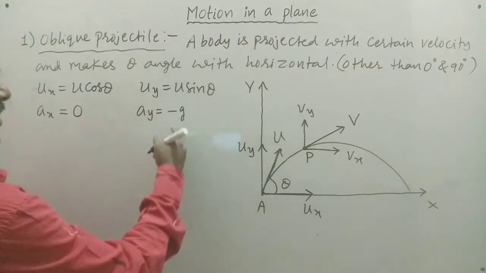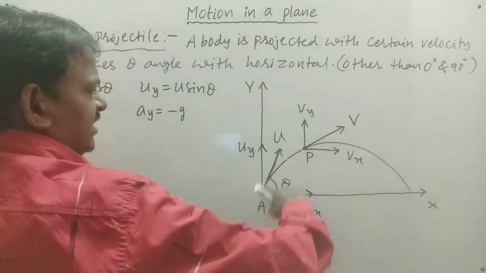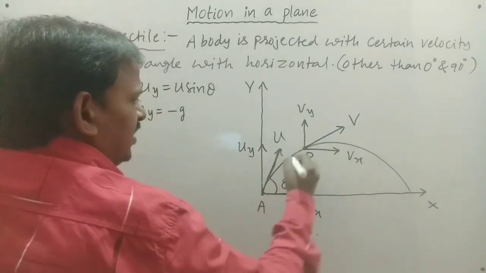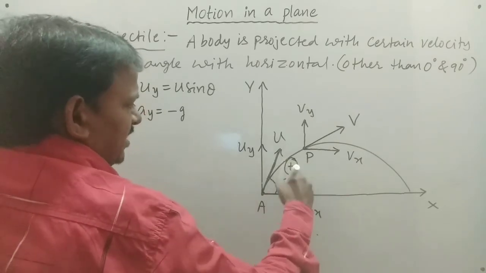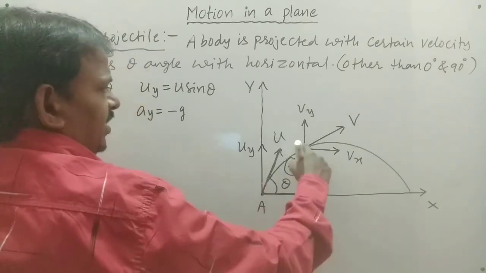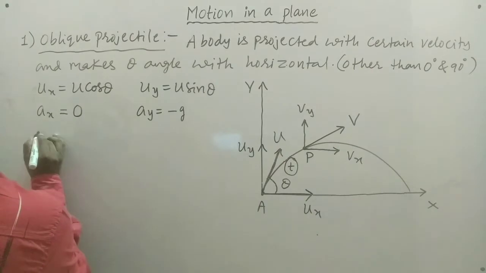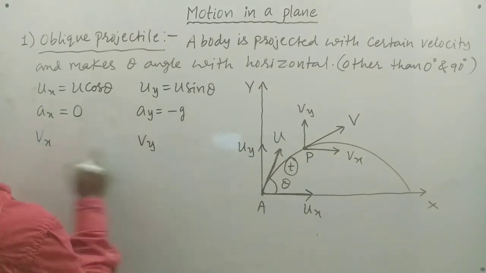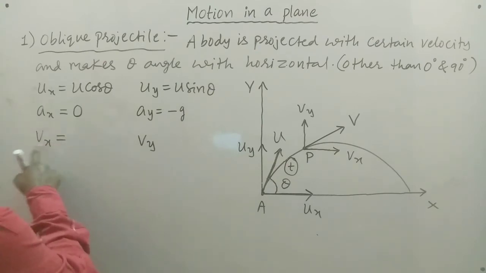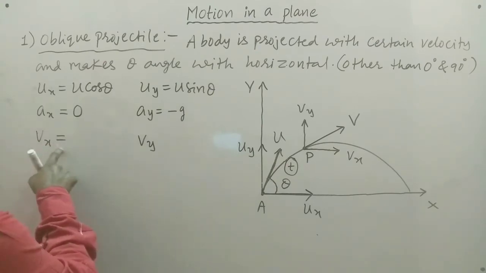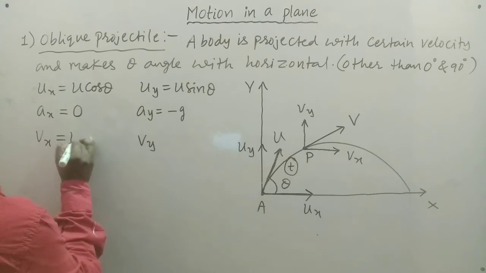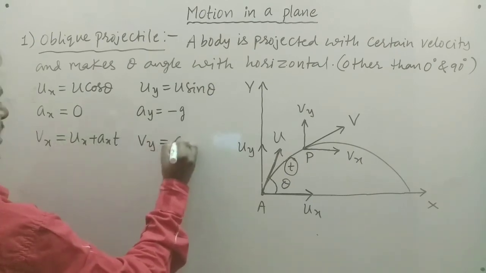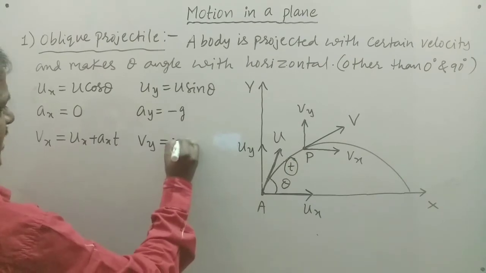Let us define v as the velocity after time t seconds, from A to P. Here v has two components, vx and vy. So for vx, let us take the first equation of motion along the x direction: vx is equal to ux plus axt. vy is equal to uy plus ayt.